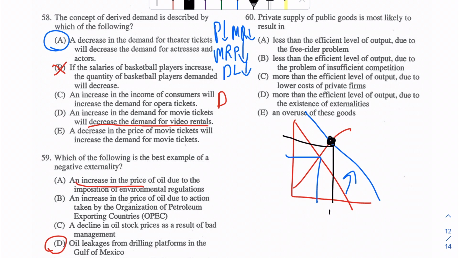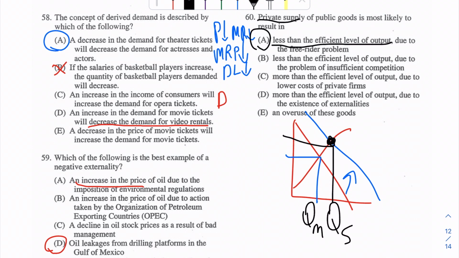So this is your social and this is your market. As you can see, the private supply will do less than the efficient level of output. And the reason is because of the free rider problem. The free rider problem, remember, is somebody doesn't pay for it, but they can still consume it.